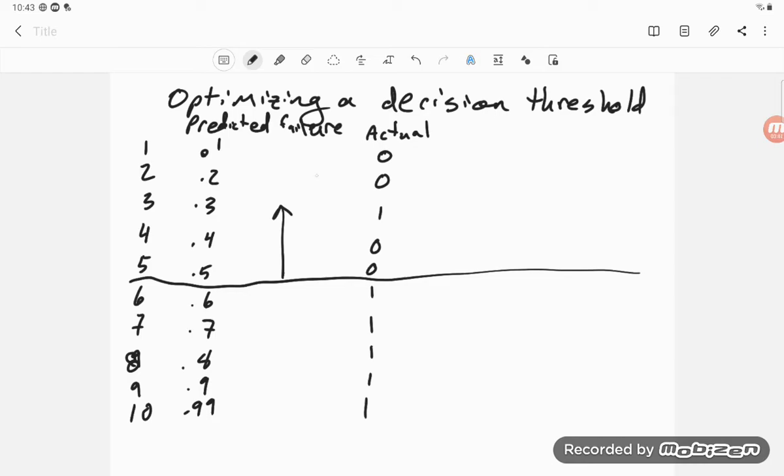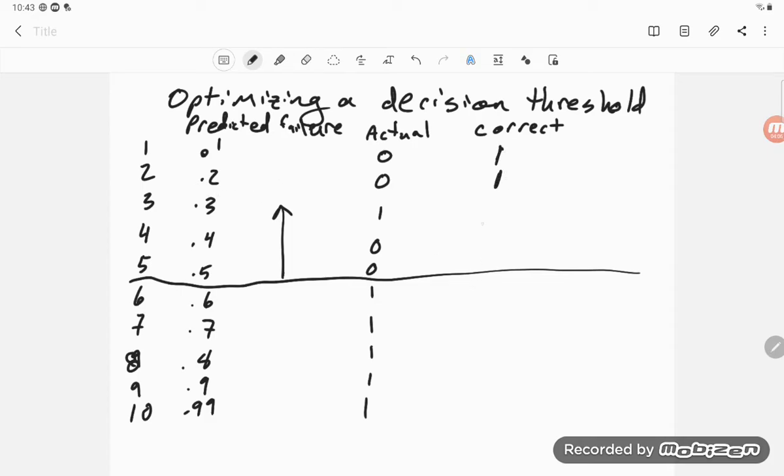And so we can look at, well, how did we do? Okay, what did we get correct? And we got this one correct. Oops, I want to use a 1 there because I got it correct. We got that one correct.